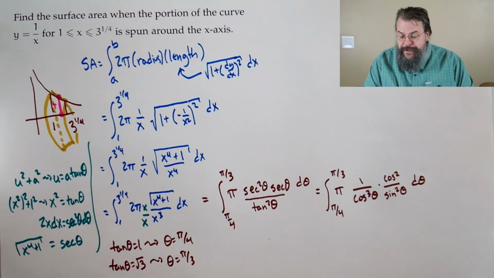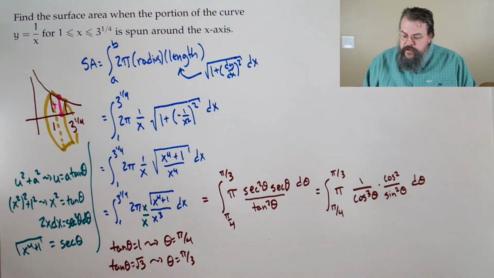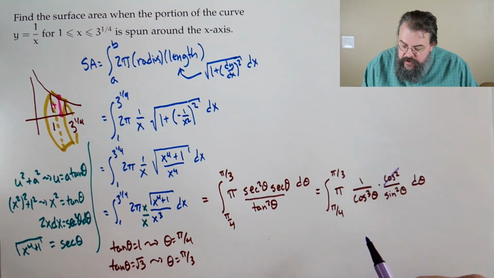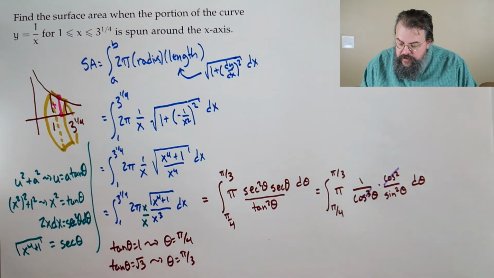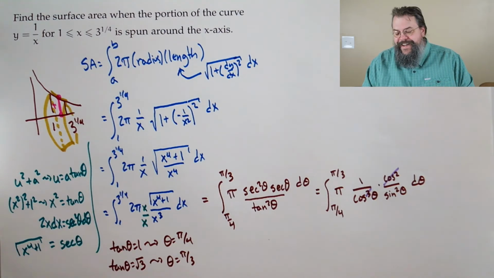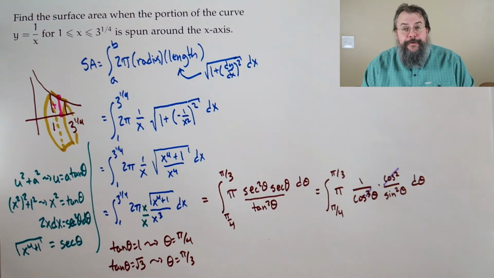We like it when we account for everything. Now, what comes next? Well, we can certainly do a little bit of cancellation. We get a cosine squared with a cosine cubed. All right, good. So it's 1 over cosine times sine squared. Well, how do we do that? The good news is one of them is an odd power.